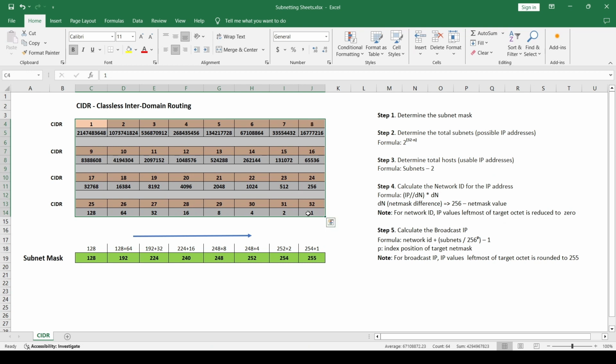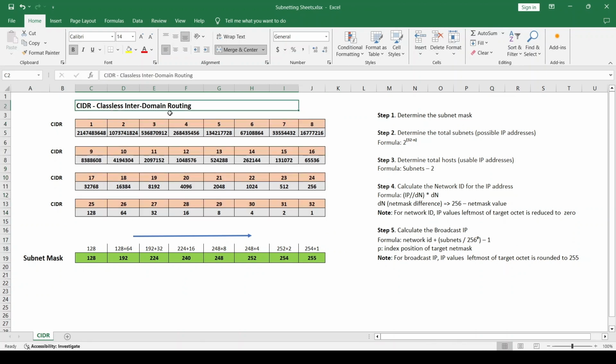Now remember that when you are required to perform any subnetting calculations, you will be given a CIDR range. CIDR is short for classless inter-domain routing.